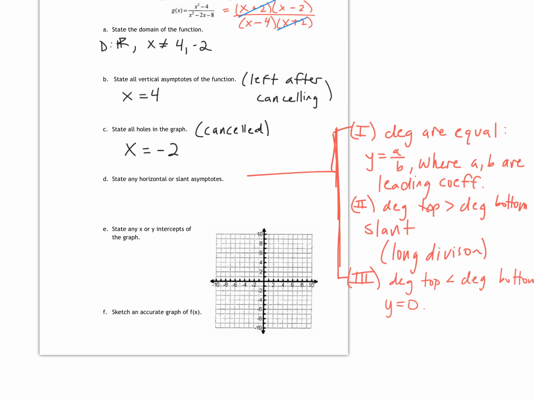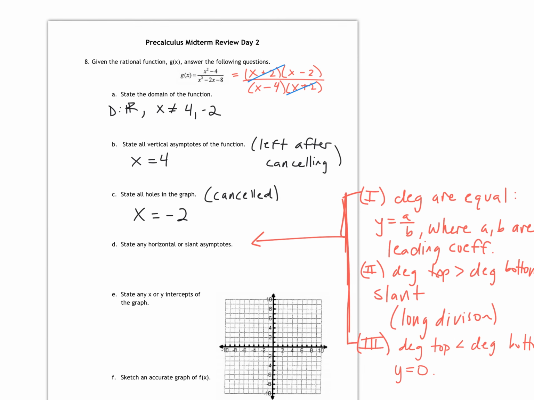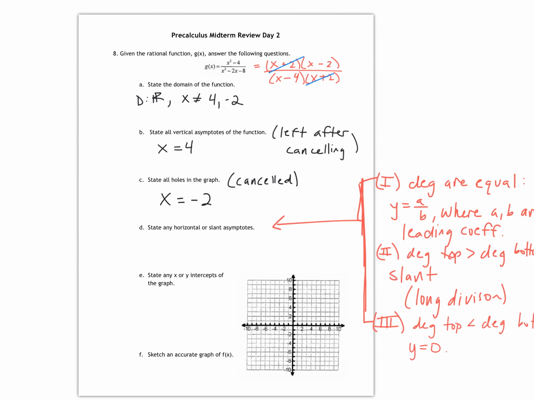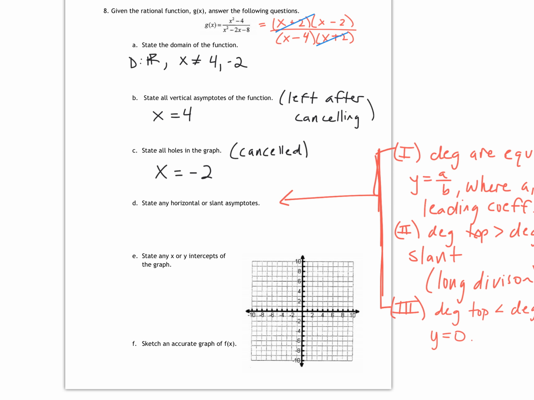So with that being said, we're looking at our degrees here. The degree of the top is 2. The degree of the bottom is 2. Since they're the same, it's y equals a over b. Since both leading coefficients are 1, it's just y equals 1.